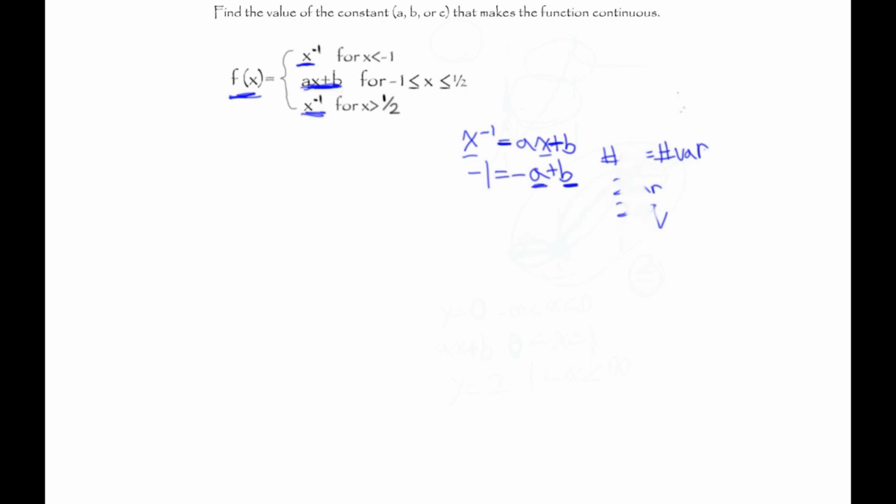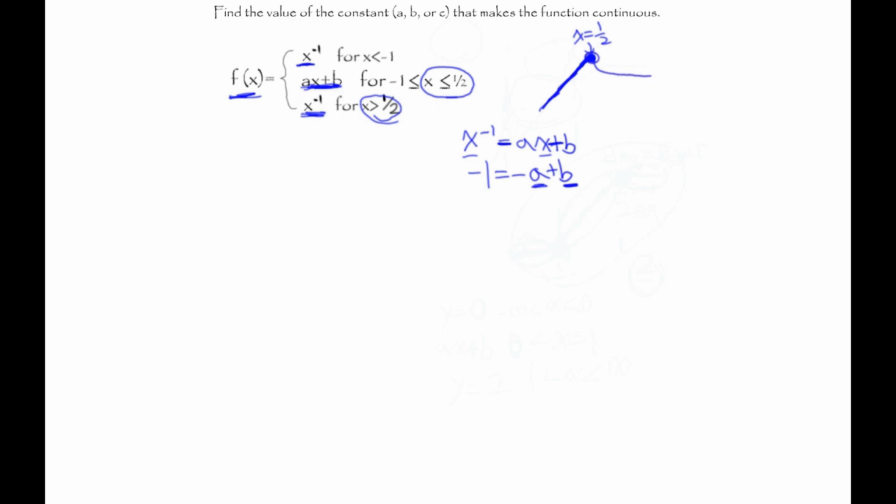So now we have to figure out a way on how to get a second equation. So now we will turn to the second part of the domain. If you'll notice, for the second and the third equations that are provided, they'll intersect at x is equal to 1 half. Because when ax plus b is less than or equal to 1 half, closed circle right there, it will transition into x to the negative 1th power.